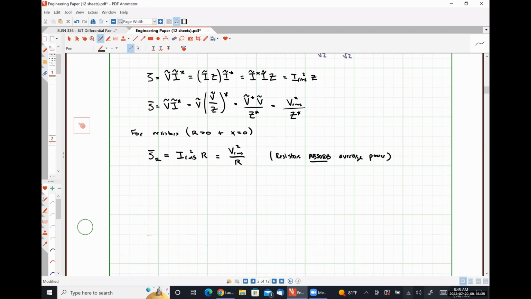That's their purpose in a steady state sinusoidal network.